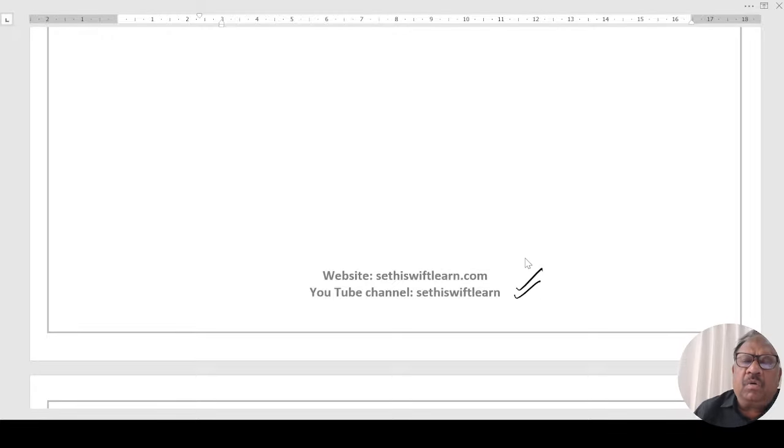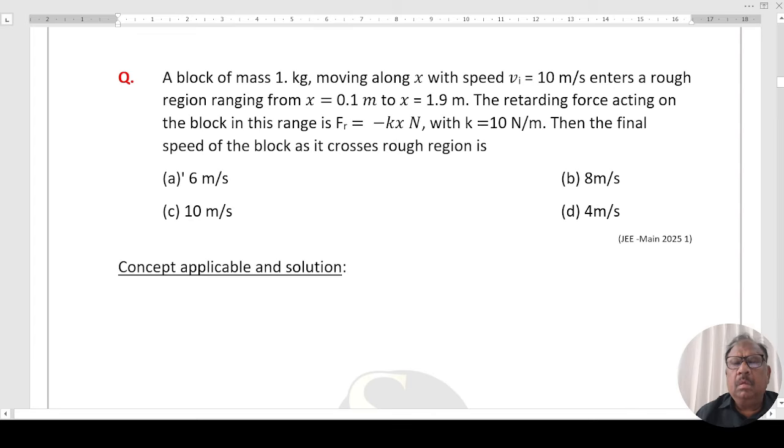Now let's start with the question and concepts. Question is, a block of mass 1 kg moving along x axis with speed v i equal to 10 meter per second enters a rough region ranging from x equal to 0.1 meter to x equal to 1.9 meter.